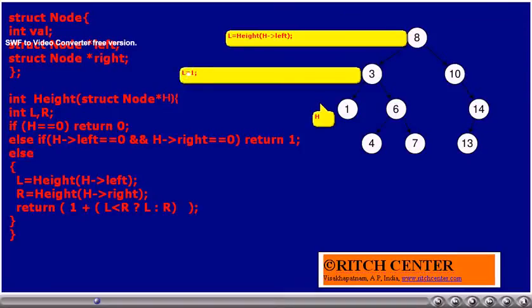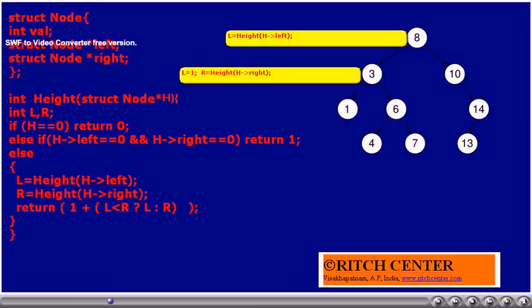Now we have traversed the left subtree of the node 3, and we found that there is a subtree of height 1 to the left side of this node 3.